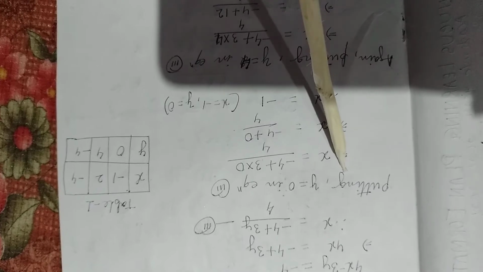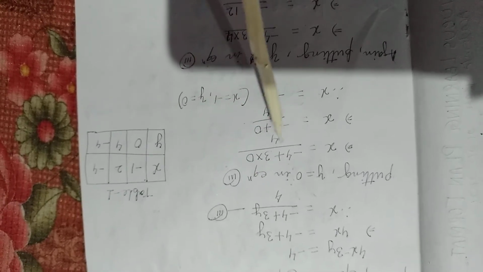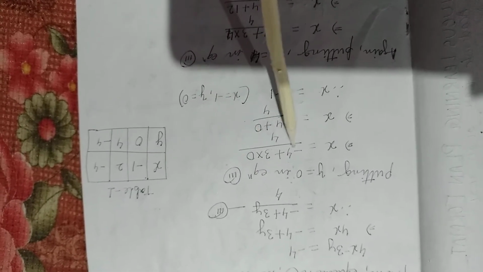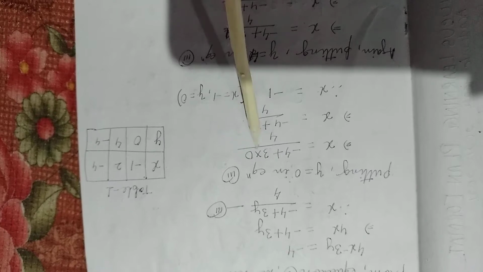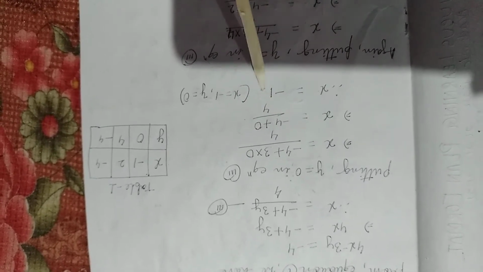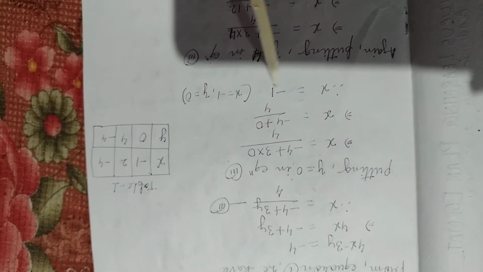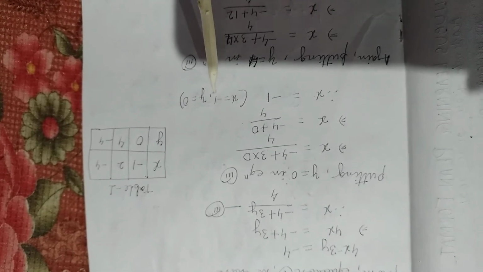So here I have taken y equals 0 in equation 3. That means replacing y with 0. So how much are we getting? 3 into 0 is 0, minus 4 plus 0 is minus 4. Minus 4 divided by 4 is minus 1. So the value of x we are getting is minus 1 when we took y equal to 0.